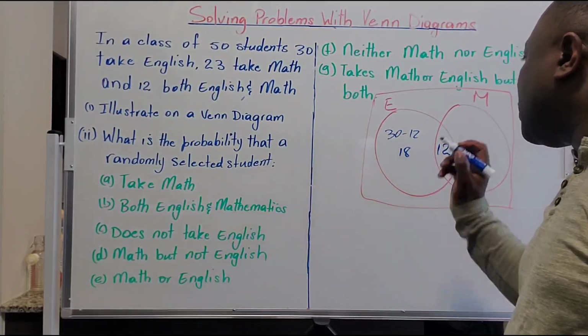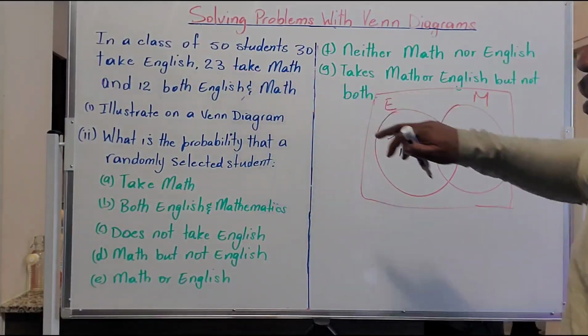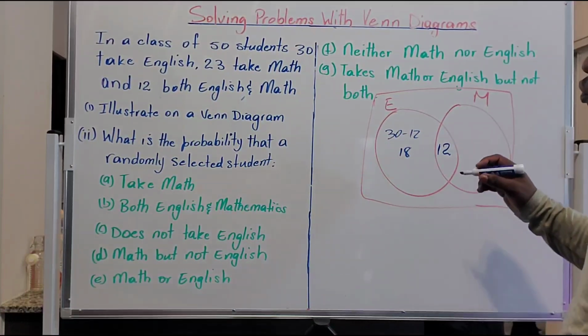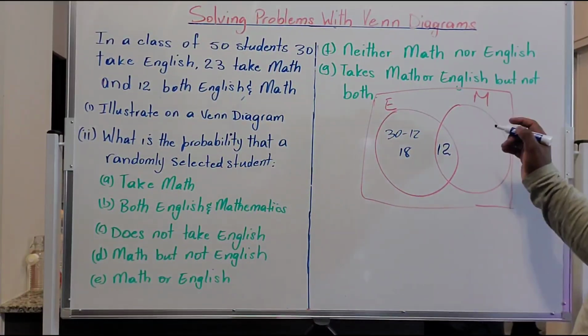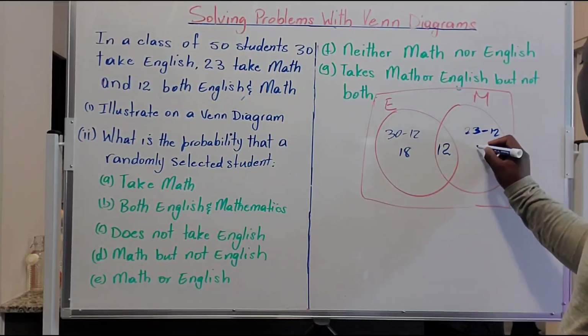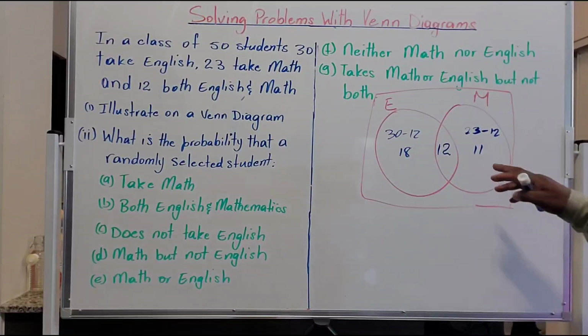So I think we have 18 students here. 23 are there for math already. We accounted for 12. So 23 take 12, we know that 11 students are doing math only.